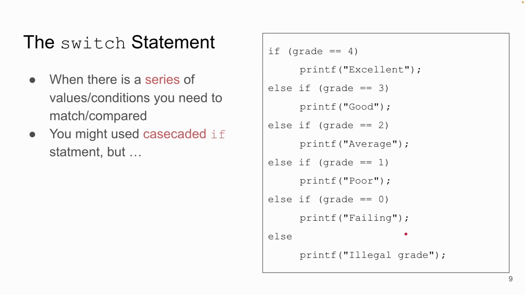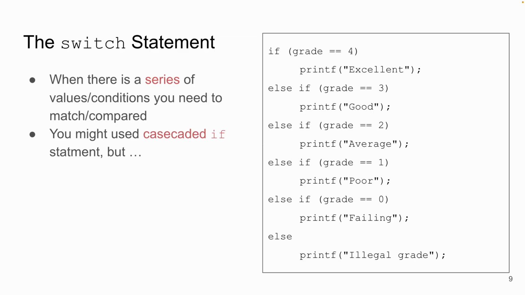To do that, we can still use if and else. We just need to write a lot of if and else, a lot of cascaded if statements, right? That is okay, but sometimes it is too much, and sometimes it's hard to understand.